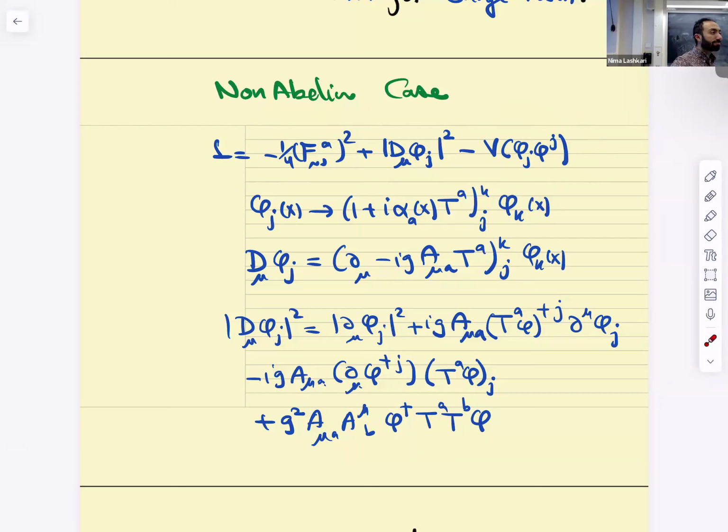Hopefully it's clear what those words mean. Once we come to anomalies, we might or might not comment on those words. But for now, it's just a method to write down Lagrangians.